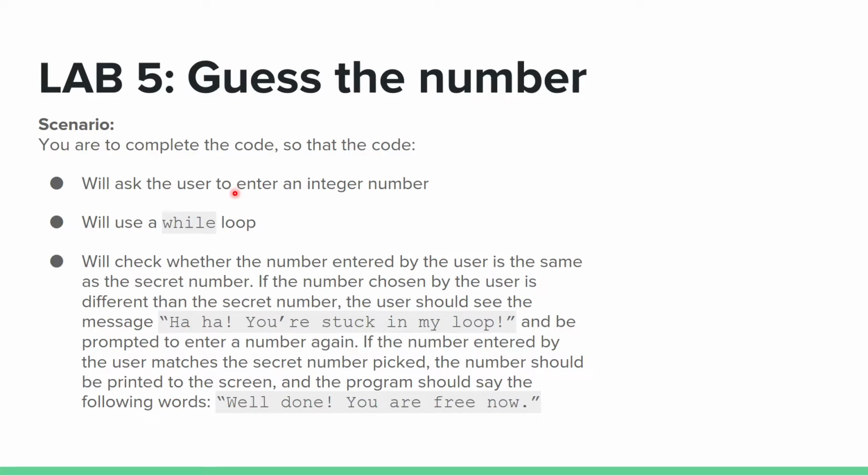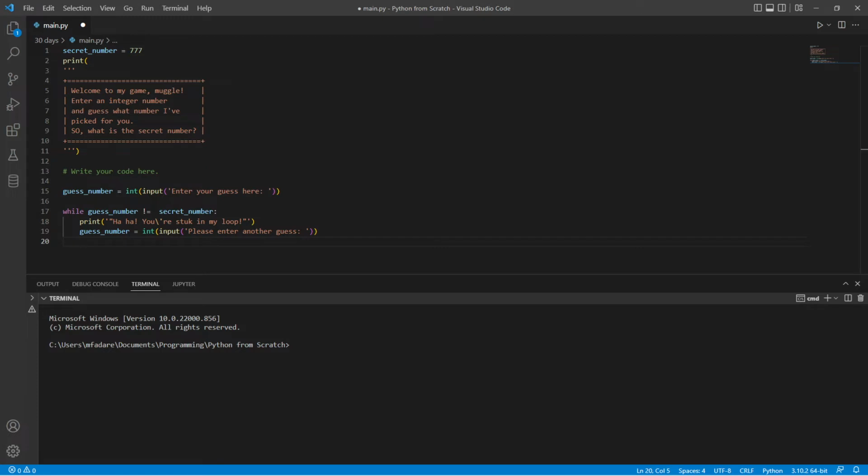Then we've been asked that if the number we've entered matches the secret number picked, then it should print to the screen, well done, you are free now. So let us print that. Once we are outside of the loop, then we can print well done.